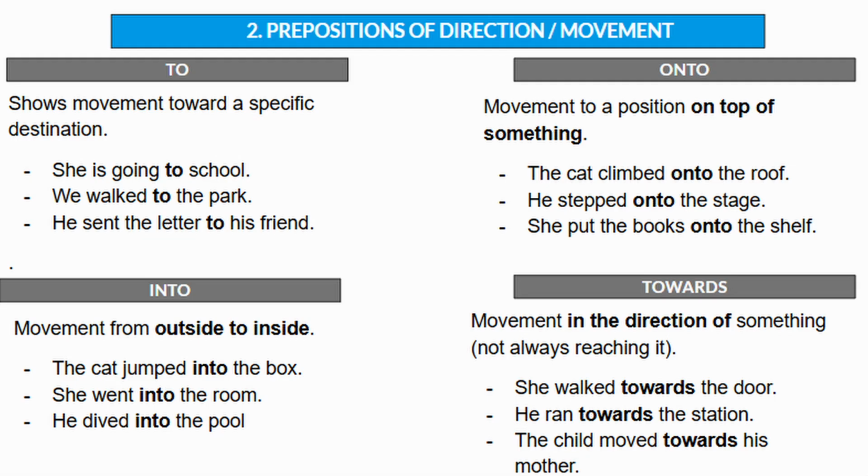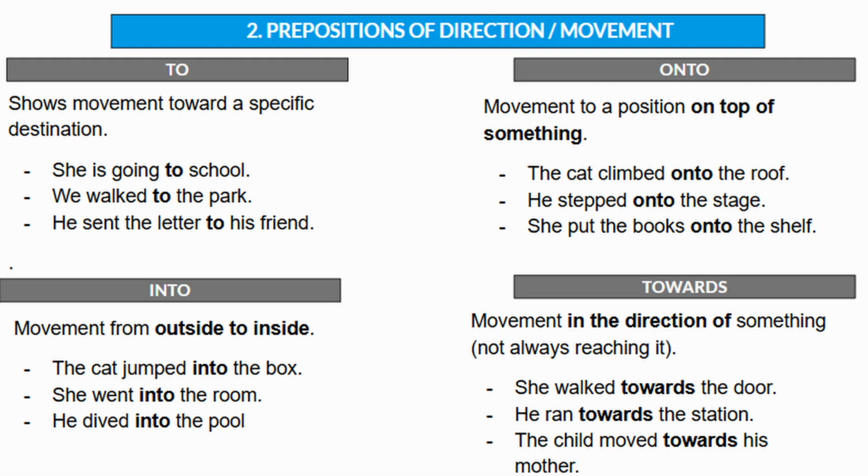When I say that she walked towards the door, it means she was taking the direction that the door is in. Maybe she doesn't reach the door, but she walked towards the door. She was taking the direction of where the door is.